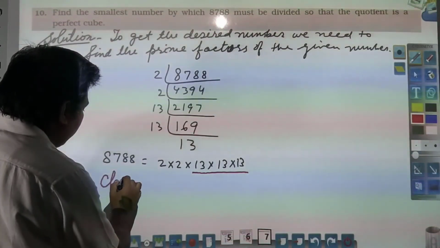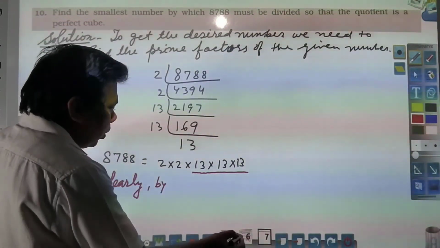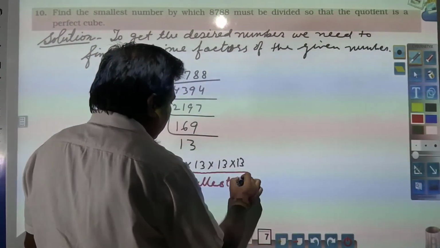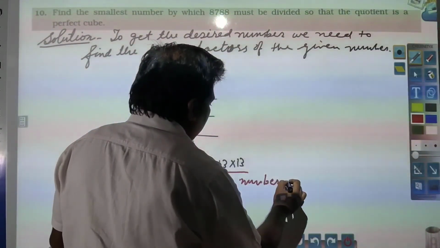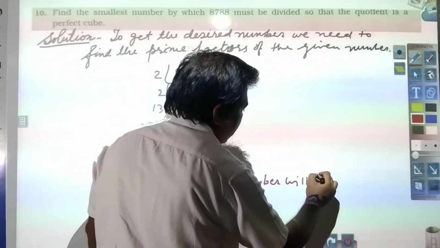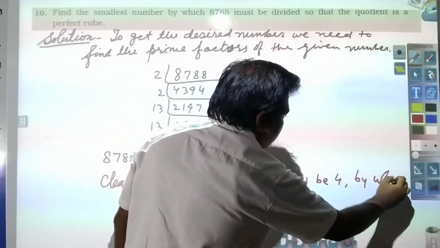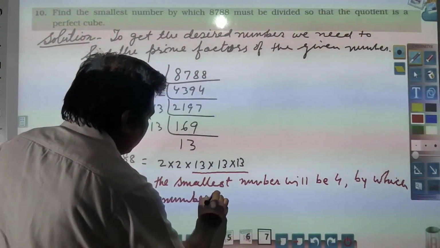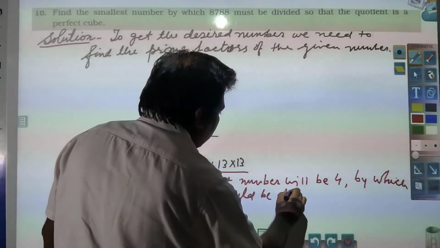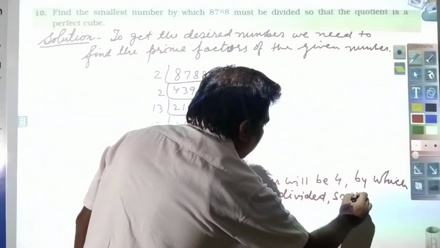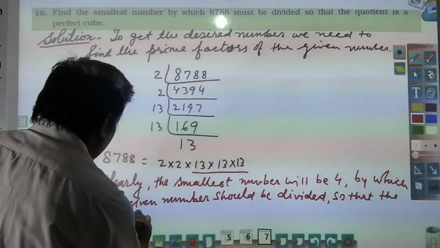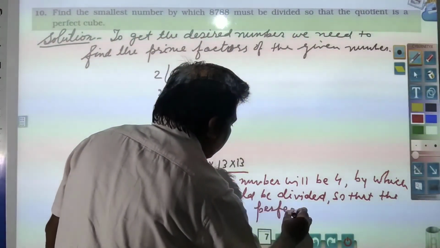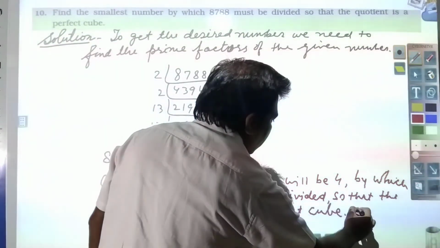So the smallest number will be 4, by which the given number should be divided so that the number becomes a perfect cube, and this will be your answer.